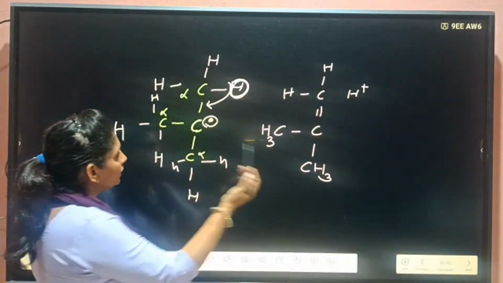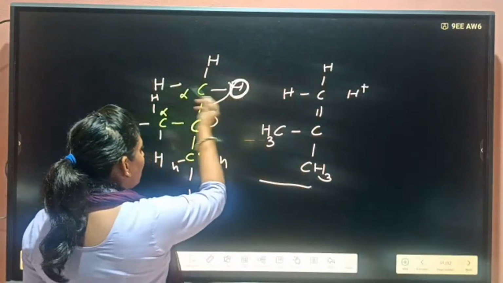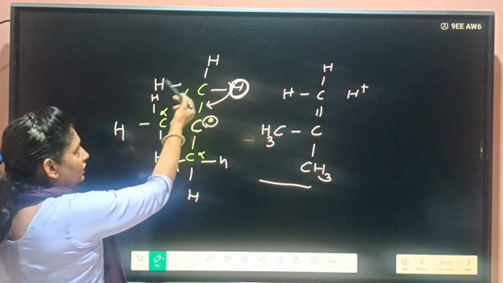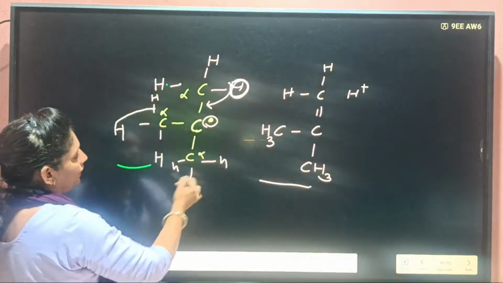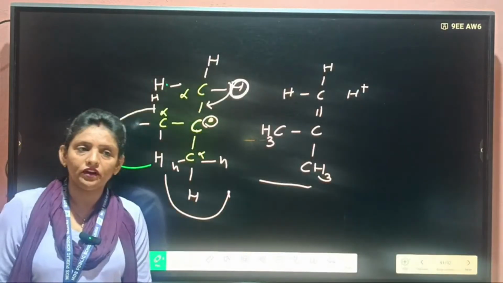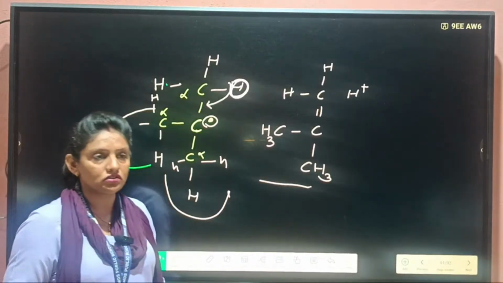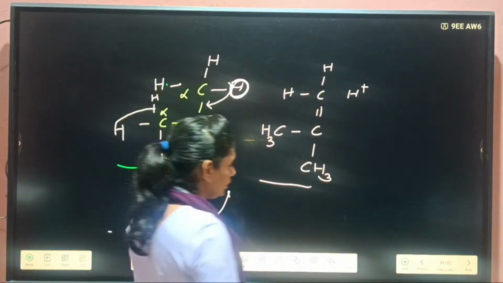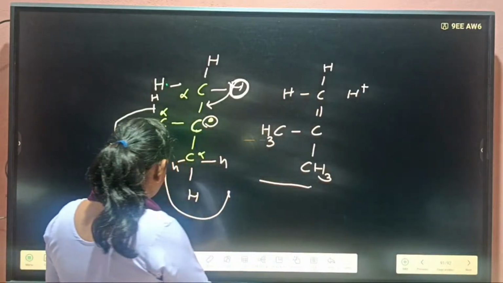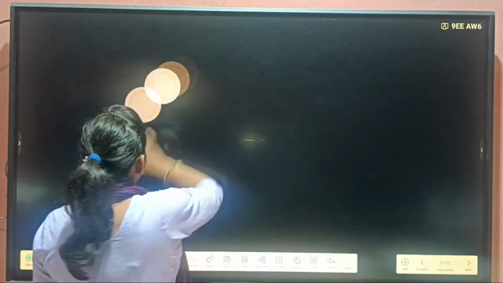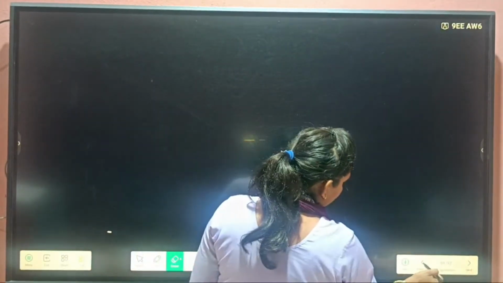So students, you can see 9 alpha hydrogens are here. This one also is alpha, this one also, these 3 also, and these 3 also. If the number of hyperconjugated structures increases, then stability also increases. In this way you can show the stability on behalf of hyperconjugation also.